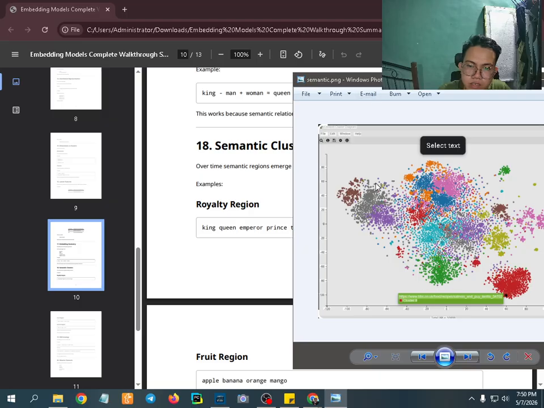But during the training they automatically emerge, because the model learns that royalty belongs in these regions, these fruits belong in these regions, and so on and so forth.